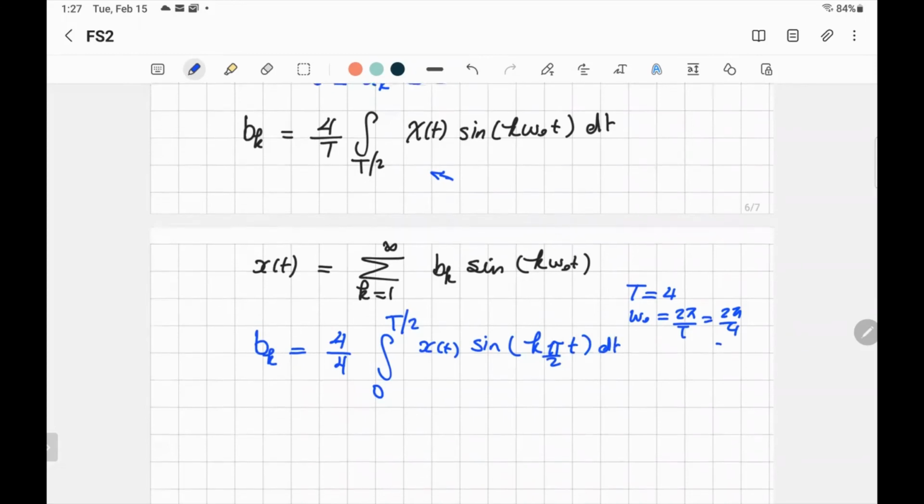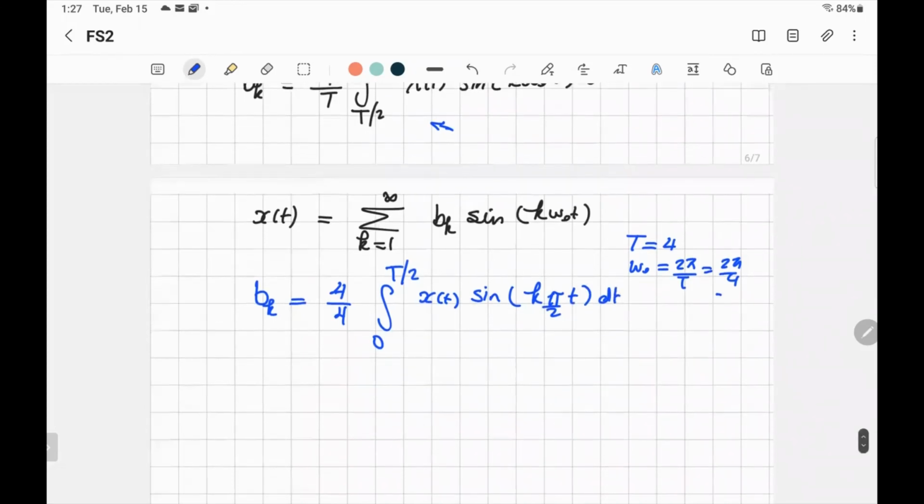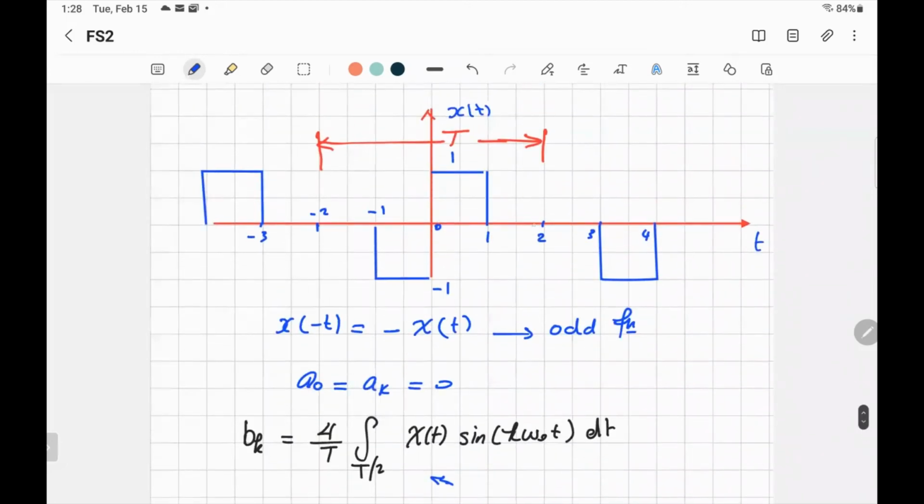So that's in general. Now 4 over 4 is equal to 1. From 0 to T over 2, T is equal to 4, so 4 over 2 is 2. So I want to integrate from 0 to 2 the whole thing, x of t sine k pi over 2 t dt. Going back to the signal, from 0 to 2, but from 1 to 2 it is equal to 0, so I'll just integrate from 0 to 1, right?